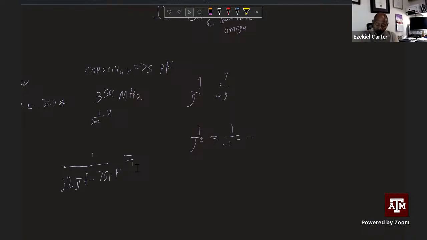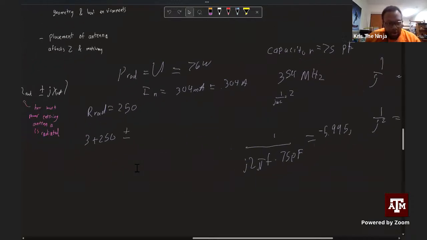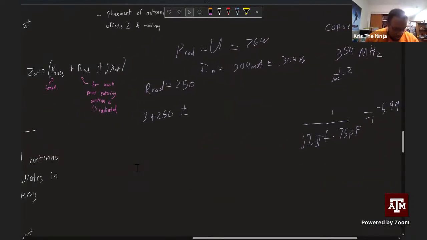Okay. And then you end up getting about 5.995 negative J ohms. So then our total would be, instead of plus or minus, now we know for sure it's minus because it was a capacitor.